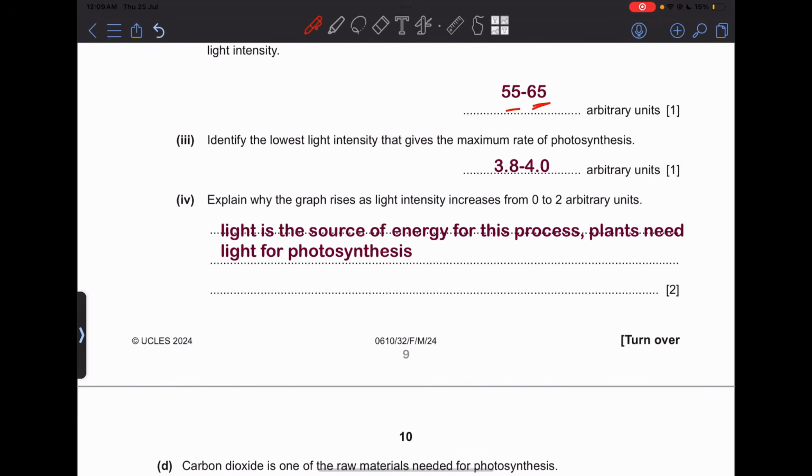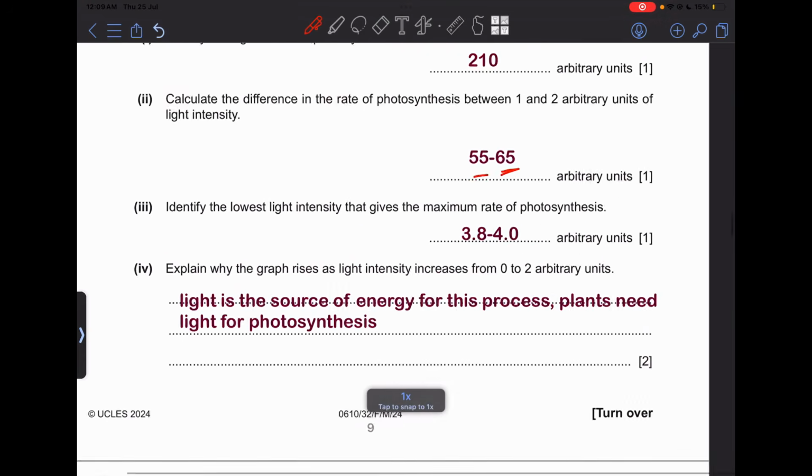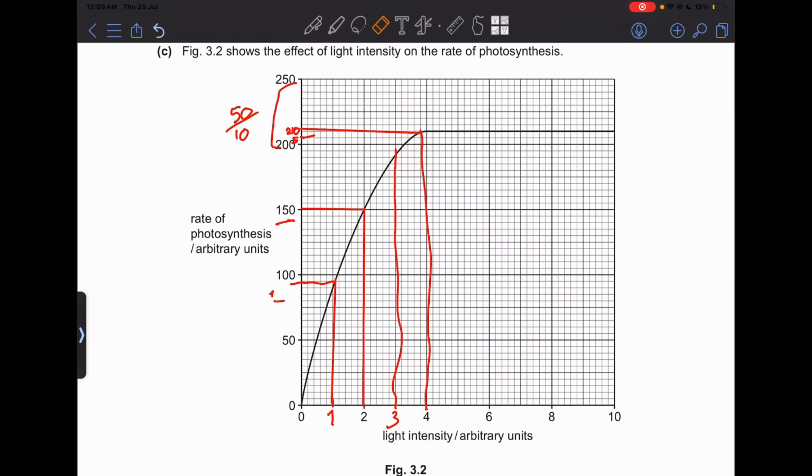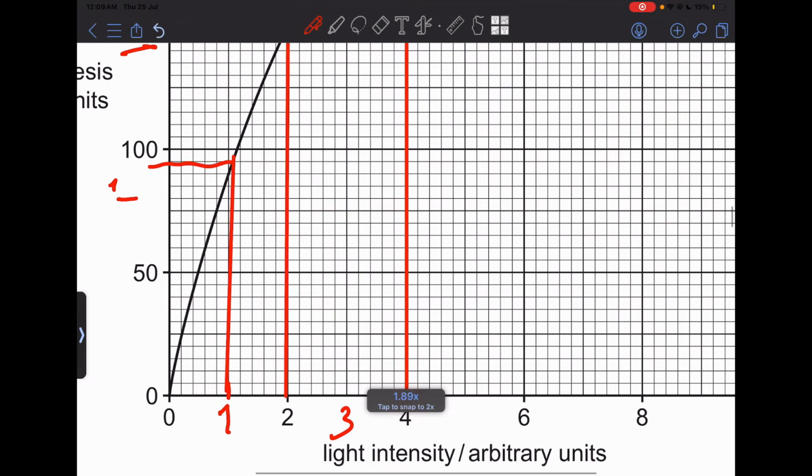To be exact, you can say 3.8 to 4, but 4 is considered the perfect answer, because over here, look, if you do that, you're going to be getting the highest rate, which was at 210, and 3.8 also is a correct answer over here.